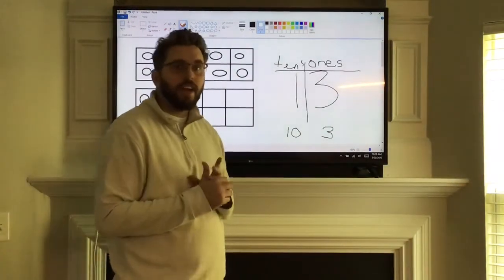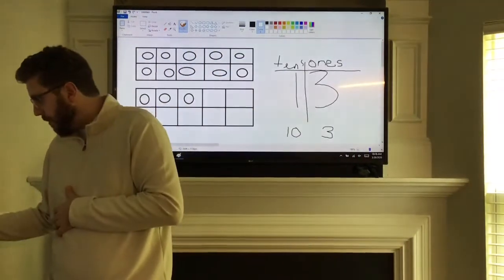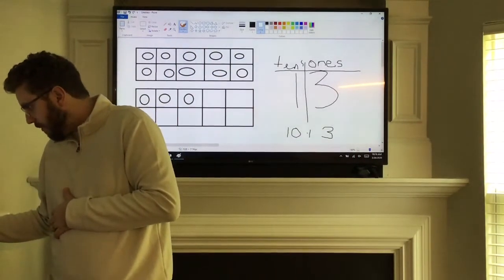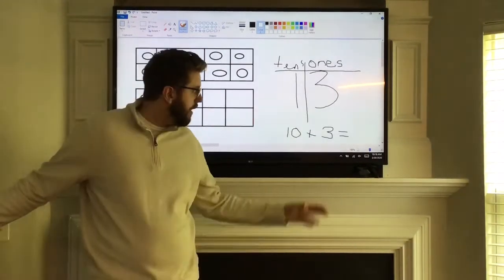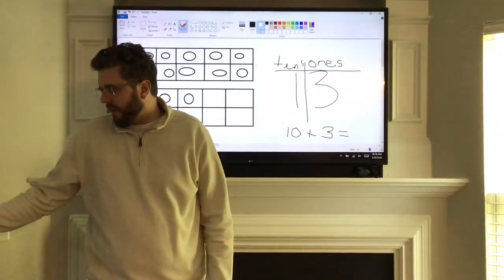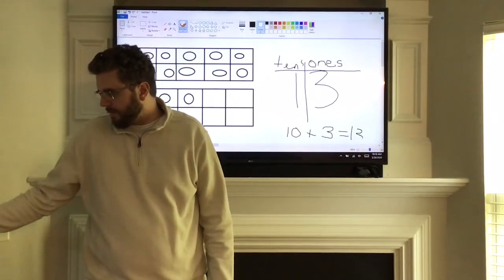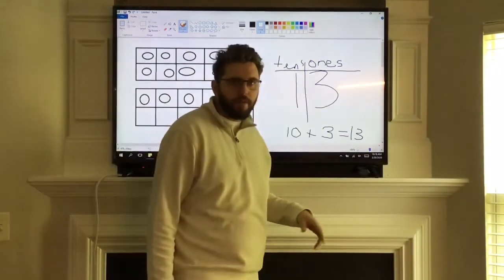It's starting to look like an equation. Very good. So I'm going to throw my plus sign in, throw my equal sign, and 10 plus 3 equals what? 13. Very good. And look, that's what number we started off with up here.